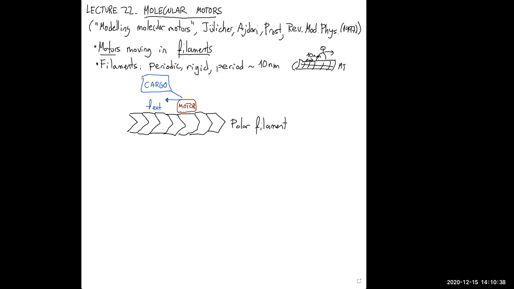So the motor can move against external forces, and this is the velocity of the motor. So yet there is an external force, the motor can oppose external force and move in this direction in the filament. Why the motor is able to do this is the key question I will try to discuss in this lecture.